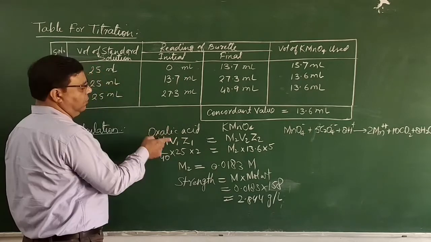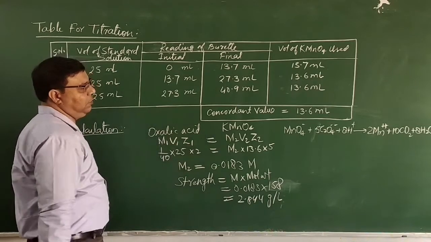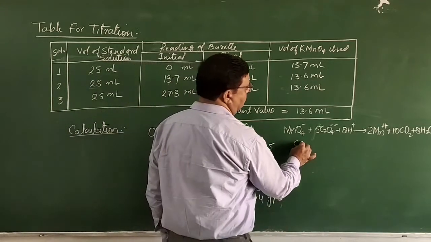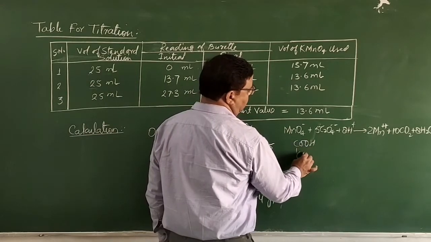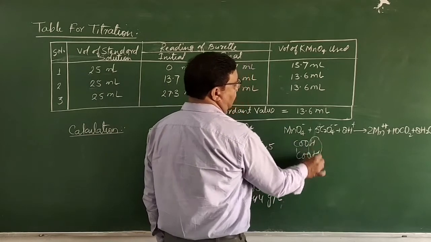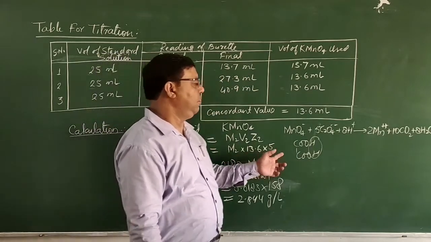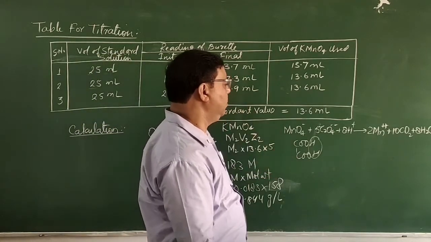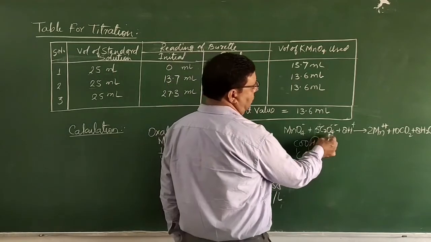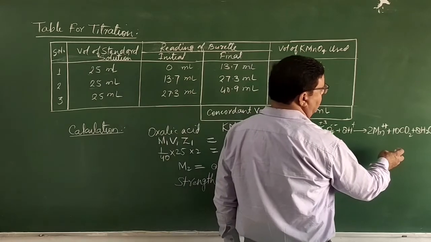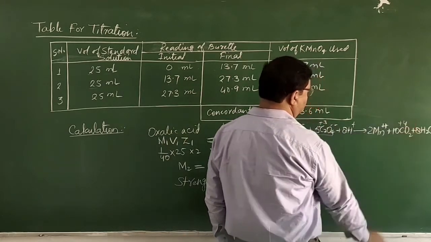V1 is 25 ml, this value, and the Z factor for oxalic acid is 2. Why is it 2? You know that it is a dibasic acid, so its basicity is 2. You can put 2 on the basis of basicity, as well as on the basis of oxidation number. In this, the oxidation number of carbon is +3, and here it is +4.